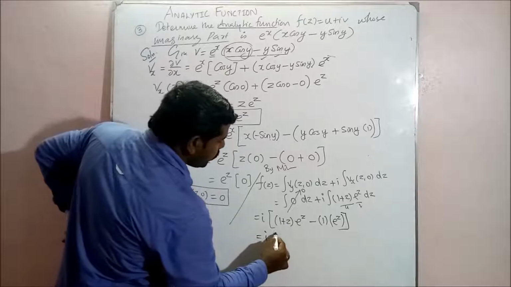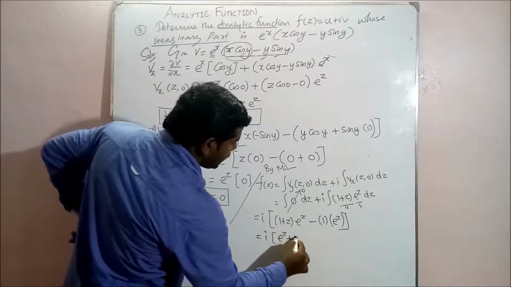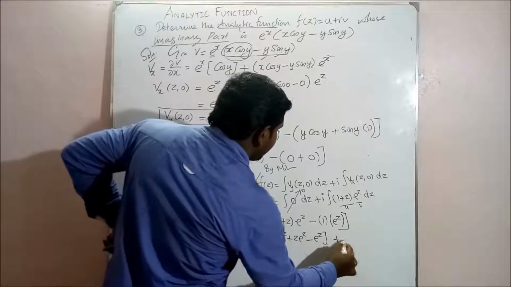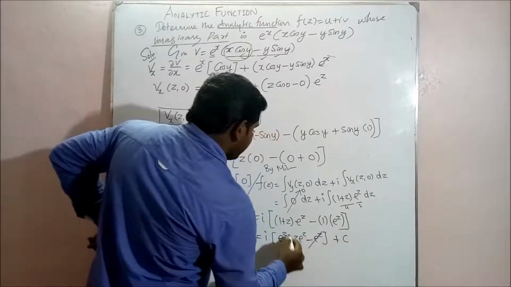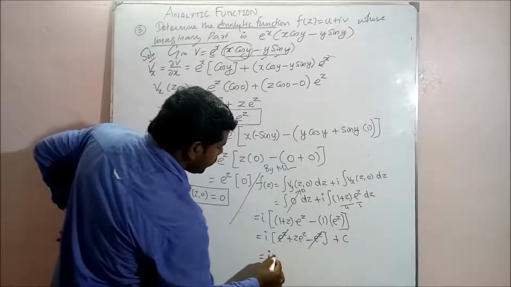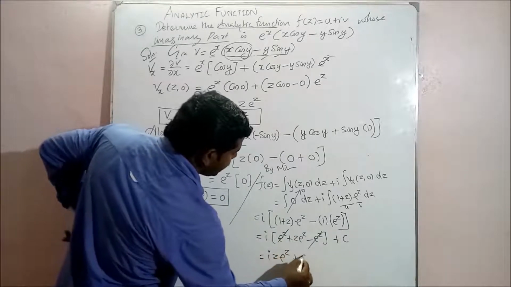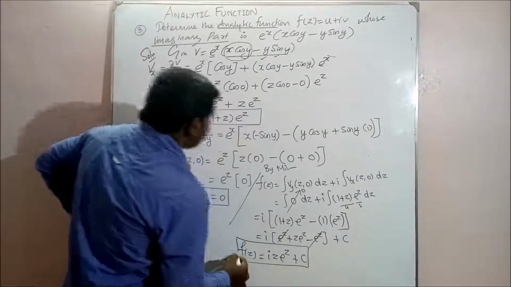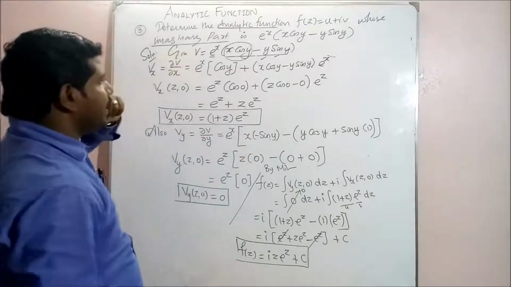So i into e power z plus z e power z, minus e power z, plus the integral constant c. Minus e power z plus e power z cancel, so i z e power z plus c, which is the required analytic function for the corresponding imaginary part v.